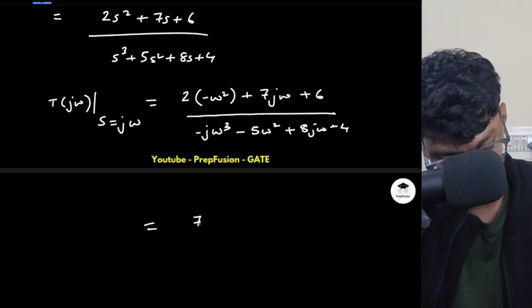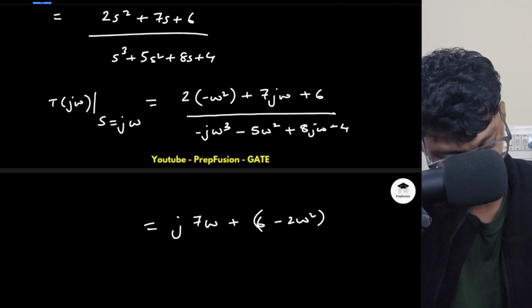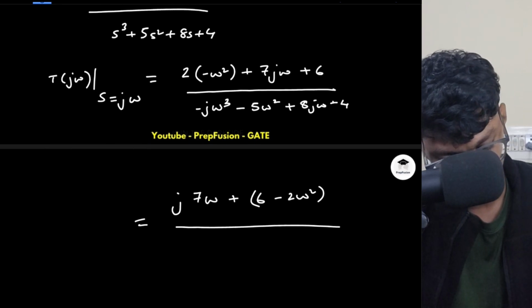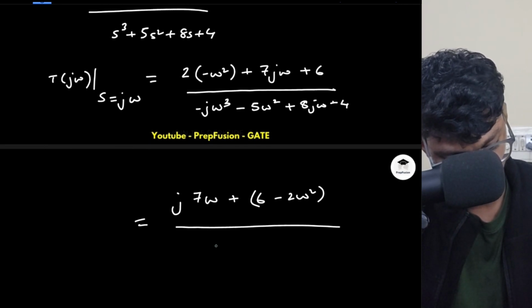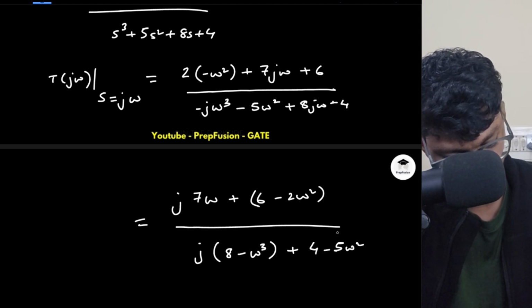This is the real part 6 minus 2 omega square plus j 7 omega, divided by the real part 4 minus 5 omega square plus j into 8 omega minus omega cube.